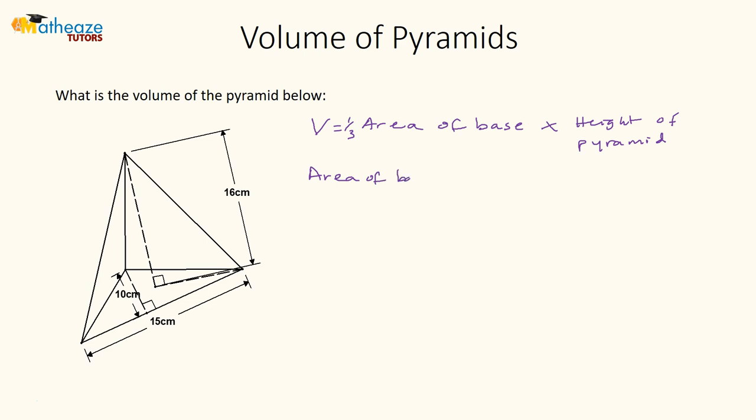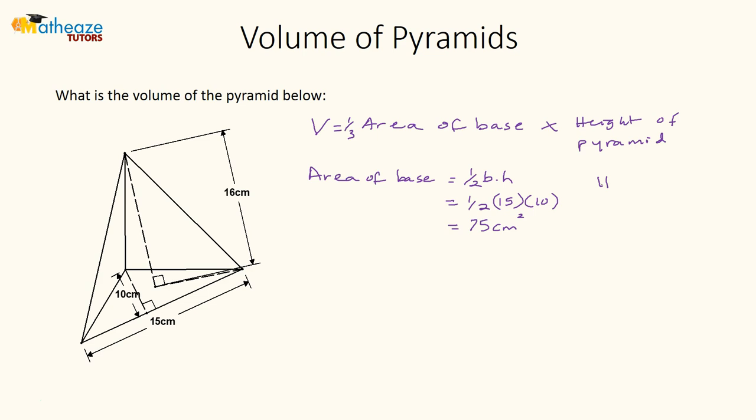Area of base is equal to, because it's a triangle, 1/2 base of triangle multiplied by height, which is 1/2 of 15 multiplied by 10, which is going to give us 75 square centimeters.